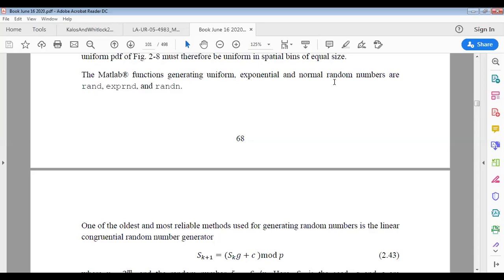And the third is the normal random number, the random number taken from a normal PDF, which is called randn. So Matlab gives you rand between 0 and 1. It gives you an exponential random number, and it gives you a random number from a standard normal distribution, meaning a normal distribution which has a mean of 0 and a variance of 1.